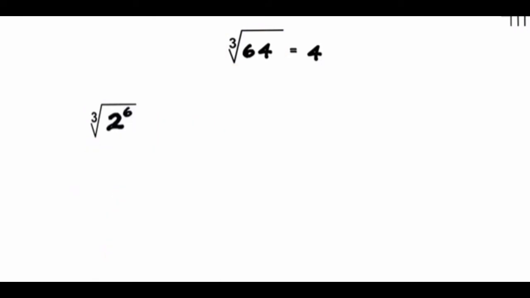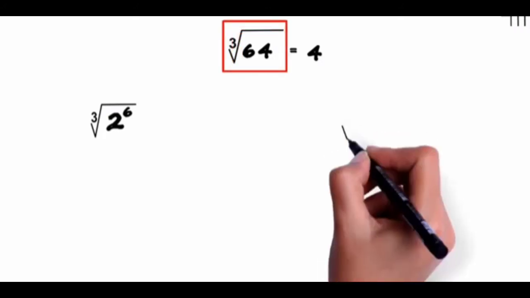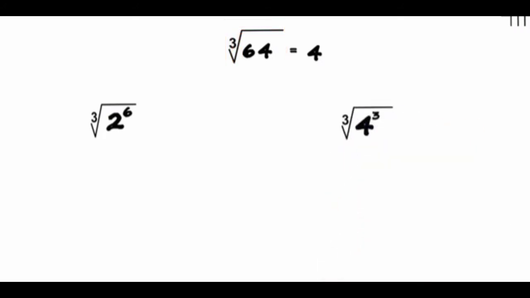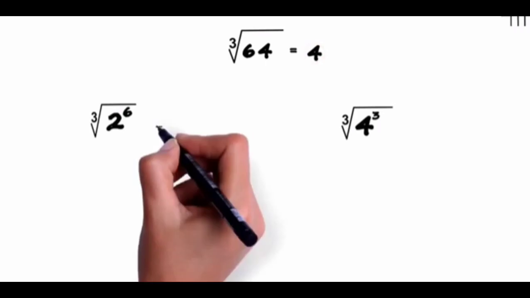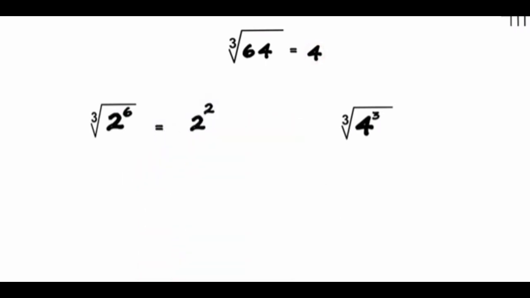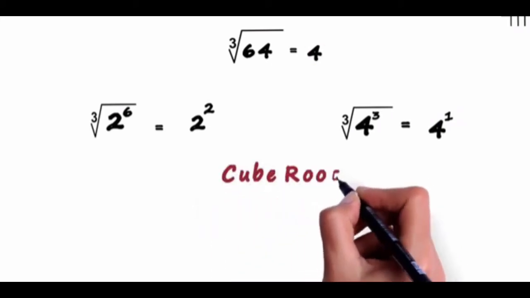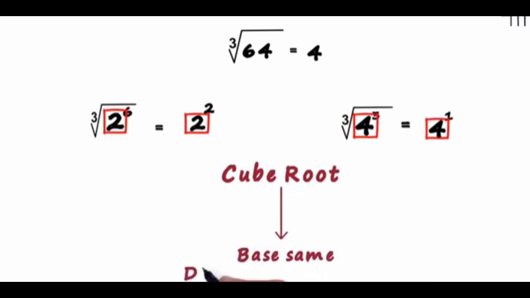We can write 64 as 2 raised to power 6, or 64 can also be written as 4 raised to power 3, and we can write 4 as 2 raised to power 2 or 4 raised to power 1.